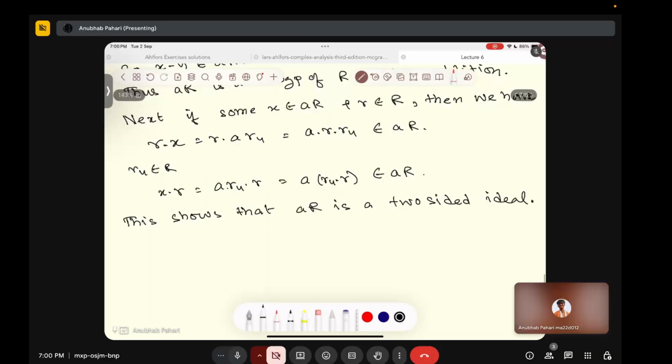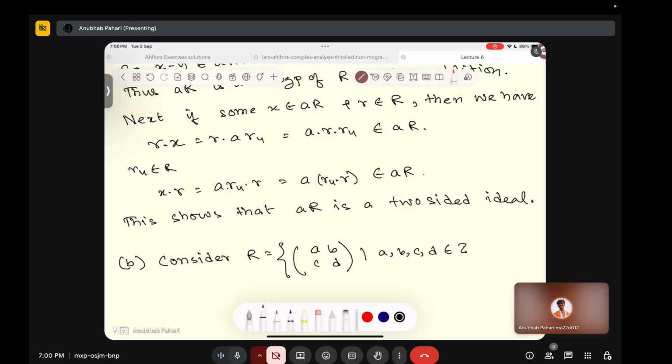So let us take an example. Consider R equals the set of 2 by 2 matrices a, b, c, d, with entries coming from the set of integers.